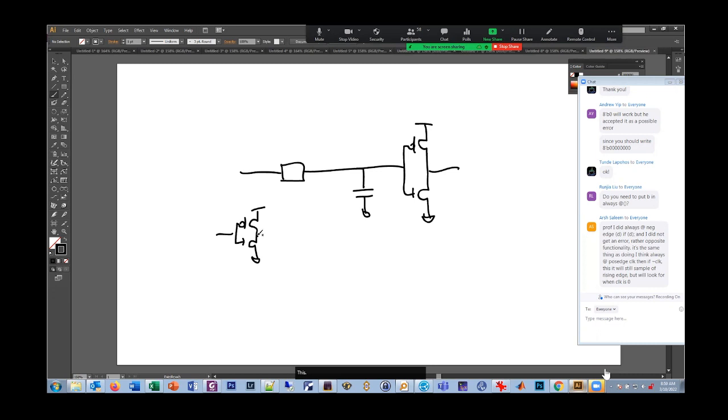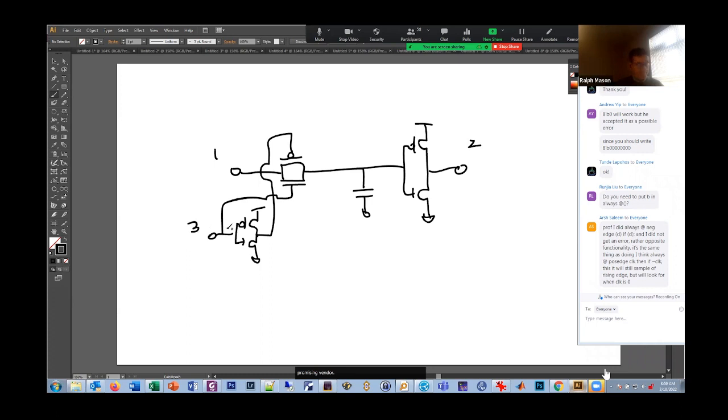This goes like this. Could have drawn this maybe better. And those nodes 1, 2, 3. So your question is, what kind of circuit is this, and what's the common name for those nodes 1, 2, and 3?